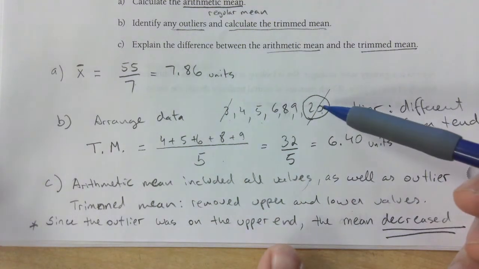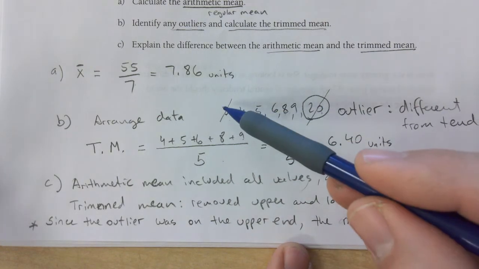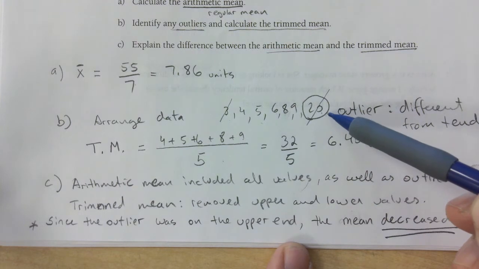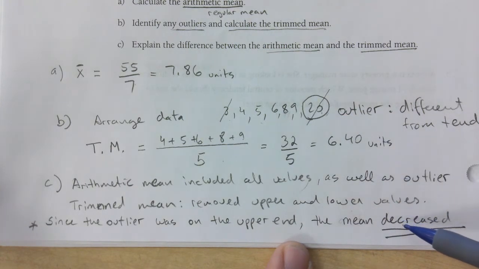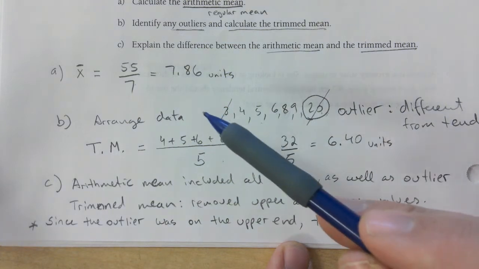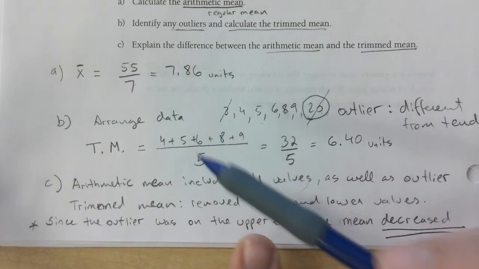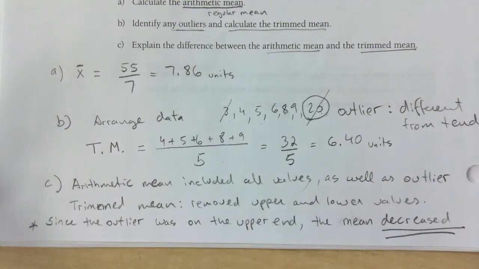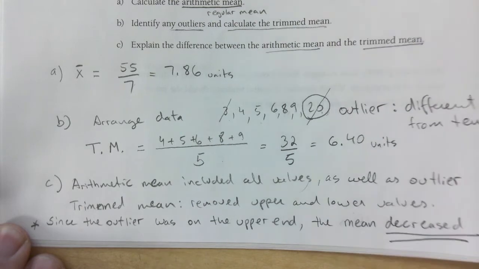So because your outlier was on the upper end, if you remove it, even though you're removing a number on the lower end, this is the one that's pulling you up. So that's why it decreased. If your outlier had been on the lower end and you remove that one, it will increase your average. I don't know if that makes sense. Maybe it will make more sense as we go along, but you need to remember that, okay?